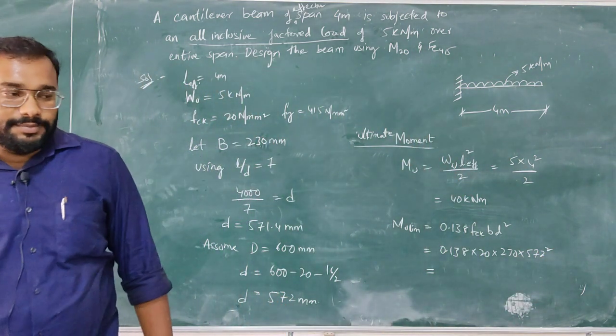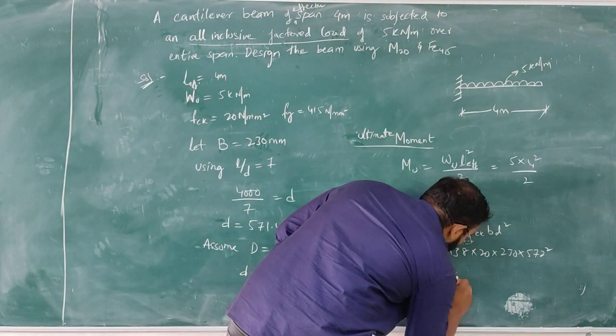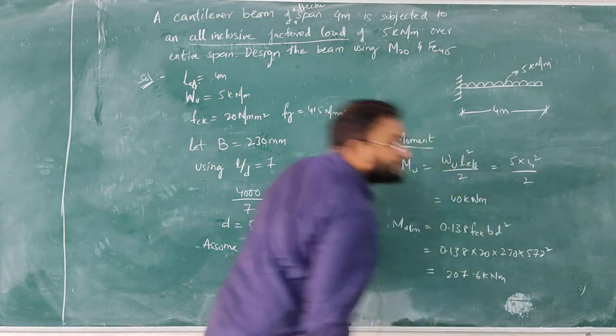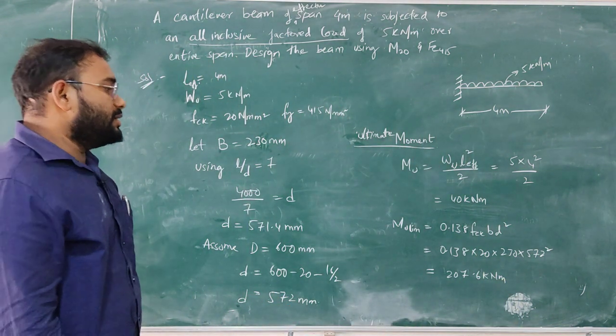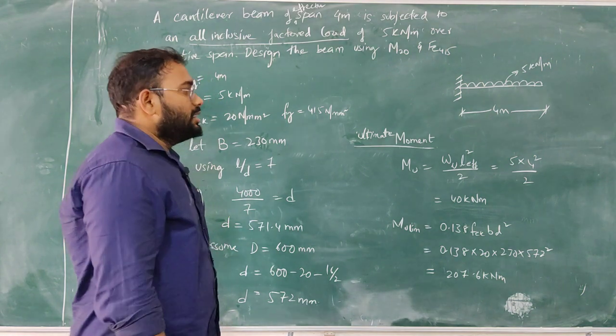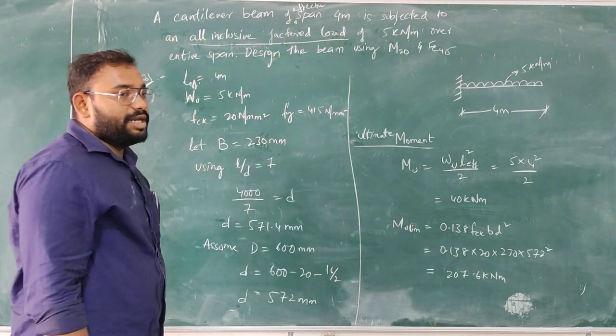Tell me what is the answer? 207.6 kilonewton meter. 207.6 10 power 6 Newton millimeter, which is equal to 207 kilonewton meter.